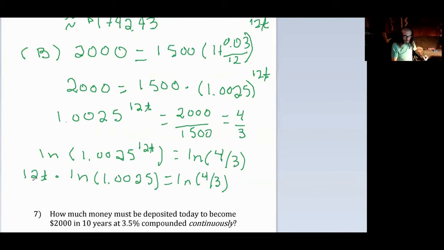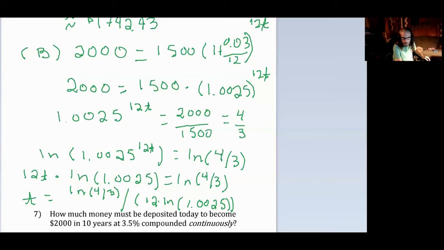All in one step, I'm going to divide both sides to get t alone. T is being multiplied by 12 and by the natural log of 1.0025. So I'm going to divide natural log of 4/3 by 12 times the natural log of 1.0025.